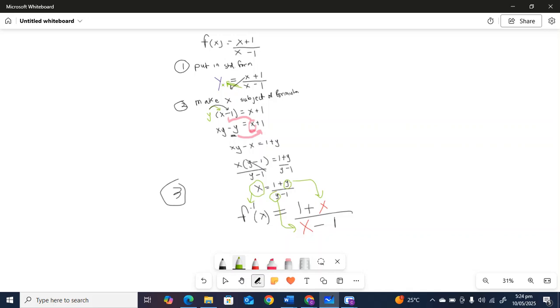Then step three, you substitute the y's with x, and this x is substituted with the inverse expression, this f to the power negative 1 of x. Questions, queries? That's how it is done.